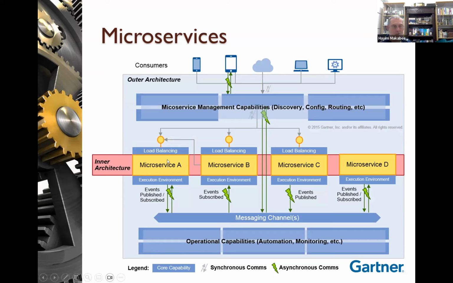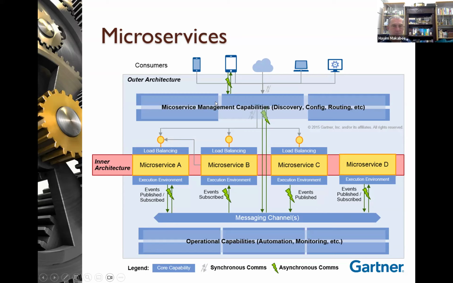For each microservice, you have a load balancing. So the load balancing is distributing the requests among the instances. So for each kind of microservice, I can have many instances, and each instance is handling part of the request.